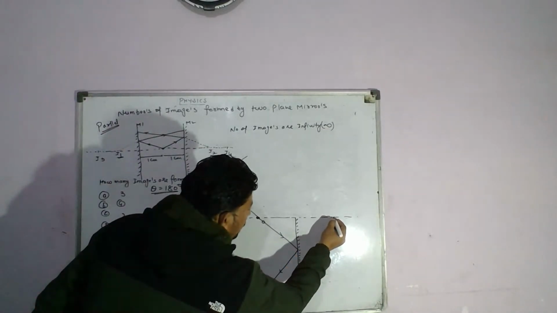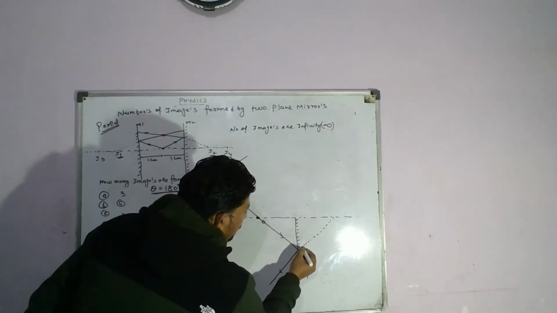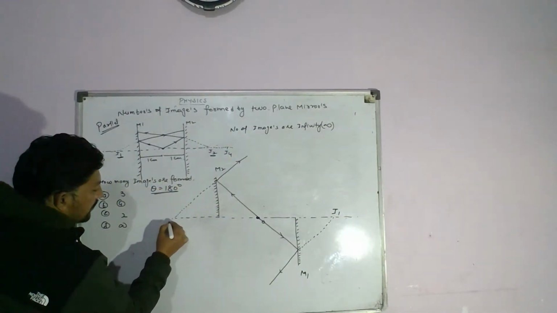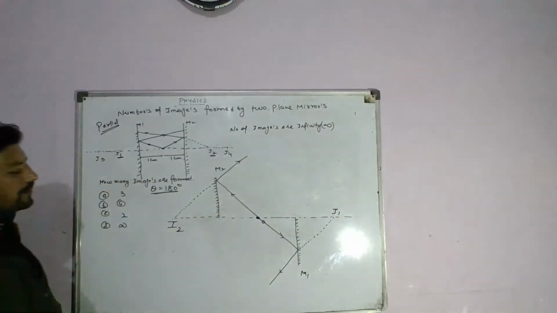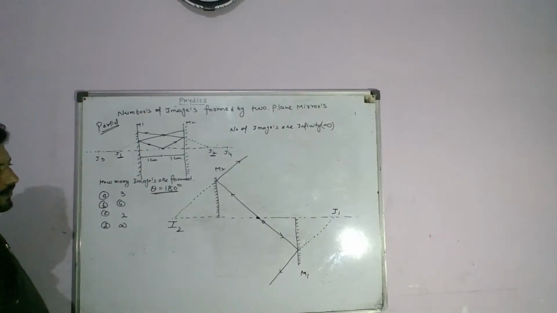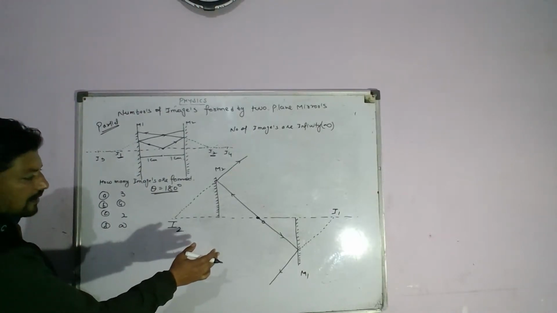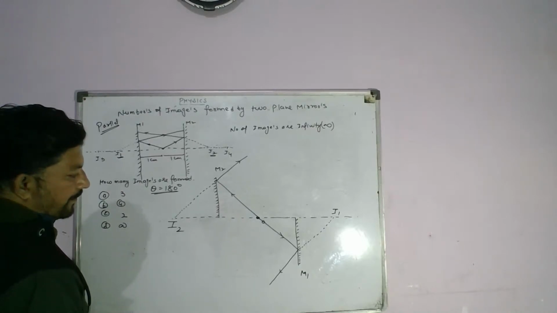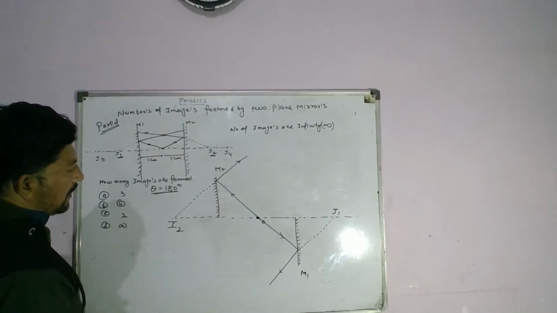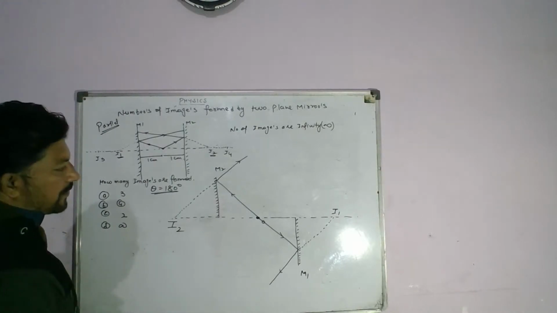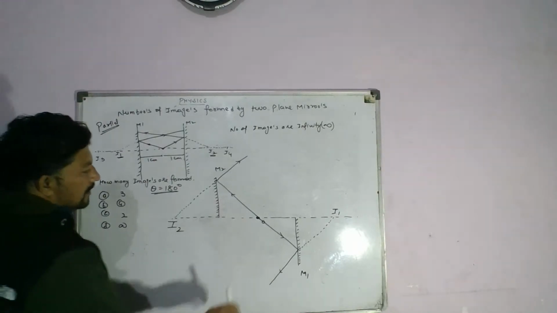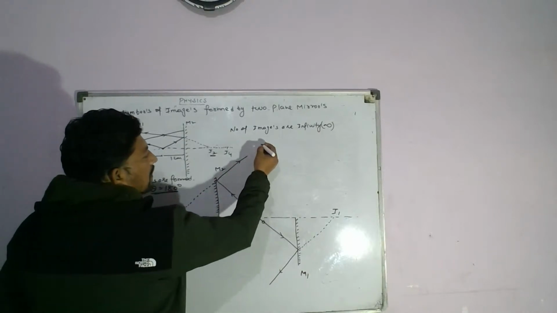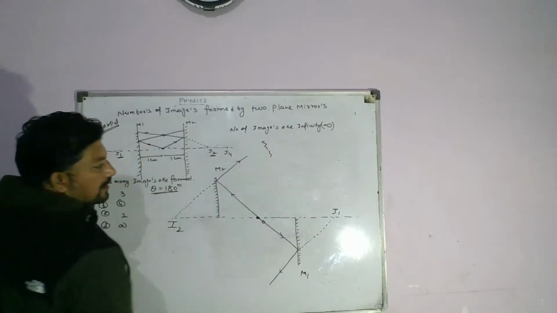This is your first image I1 and this is your second image I2. Can reflection happen again? One ray can strike on this mirror, then it reflects, but on this side there is no mirror.